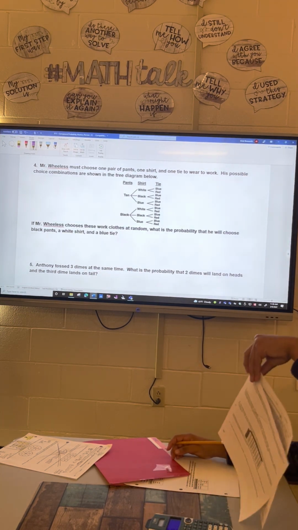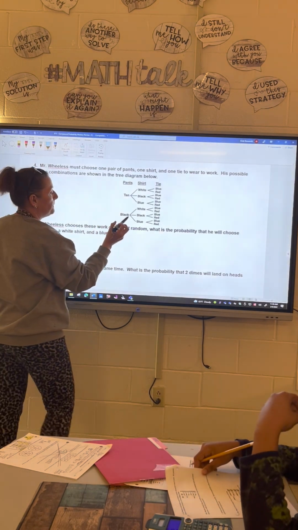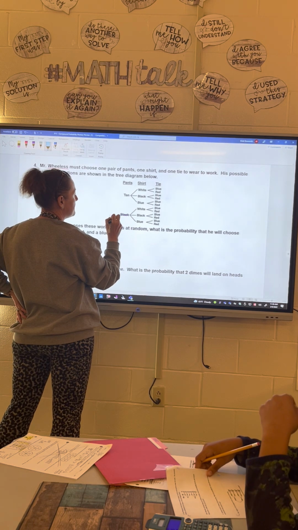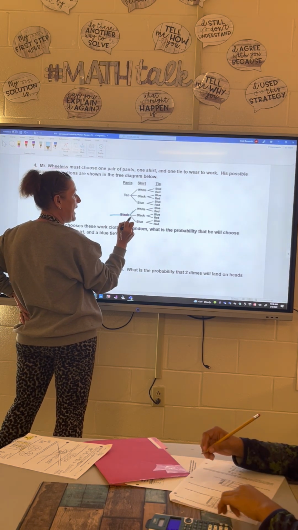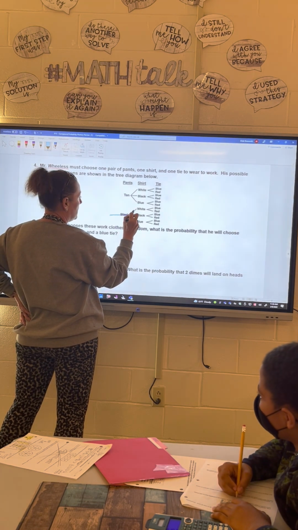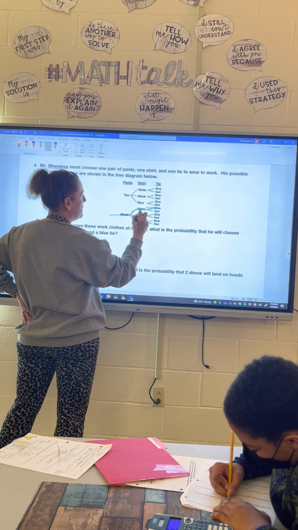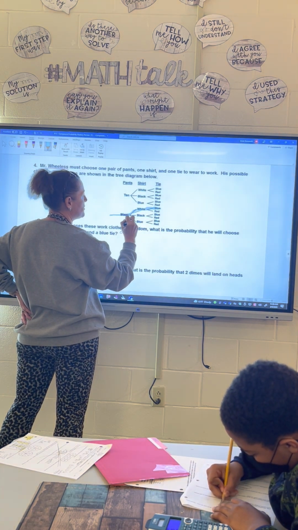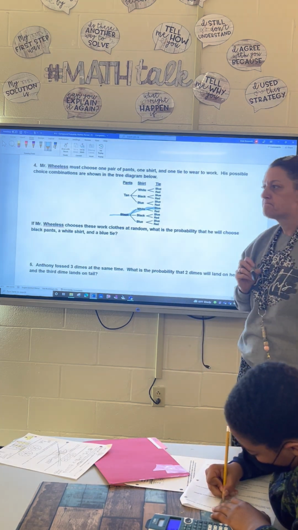Well, the way you're going to do this, I'm going to start at black pants, follow my lines. I want black pants, a white shirt, and a blue tie. So there it is. There's my combination of black, white, blue. Okay?